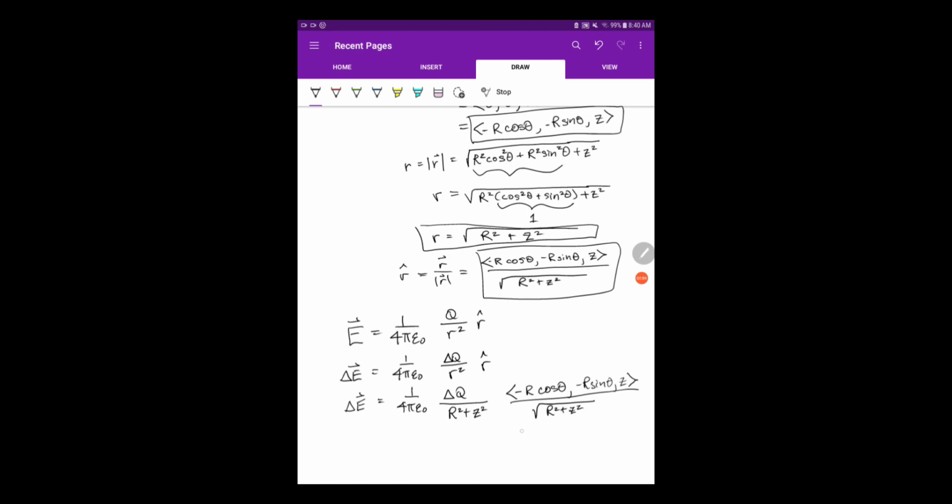Again I can combine these denominators so that I get r squared plus z squared to the 3 halves.